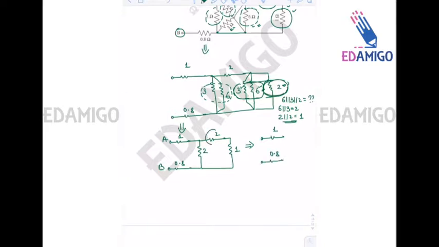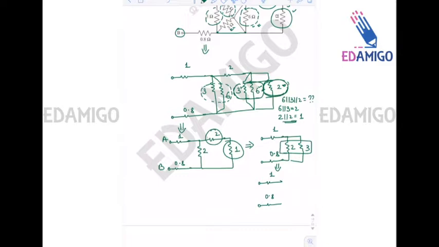0.8, 2 and 1 are in series. So this will become 3 ohms, and the result will be 2 ohm parallel with 3 ohms. So 3 parallel 2 is 3 multiplied by 2 divided by 3 plus 2.